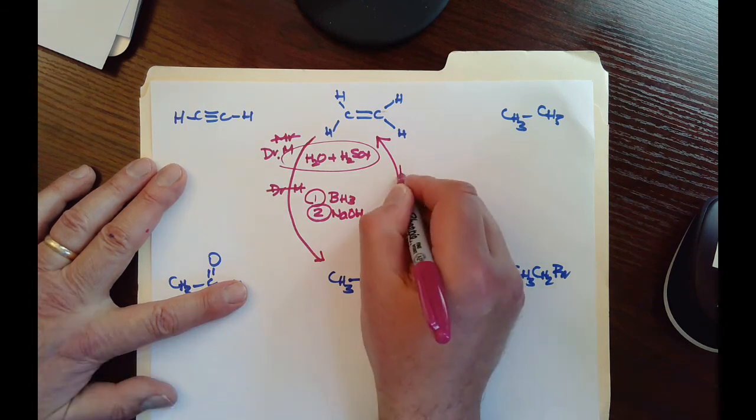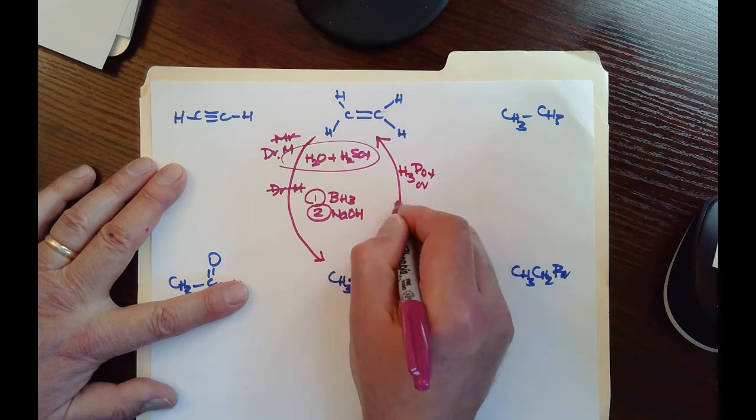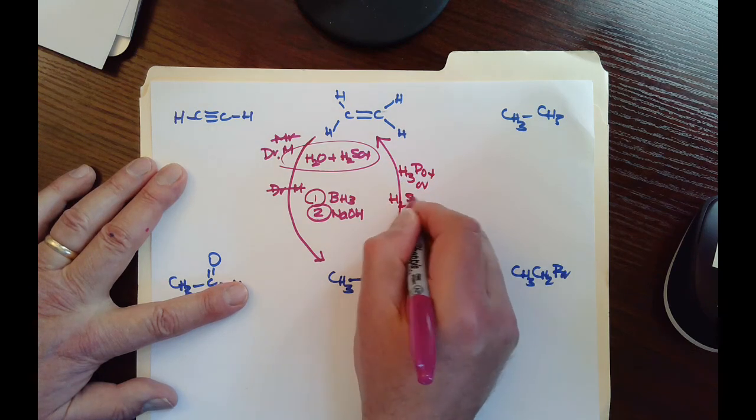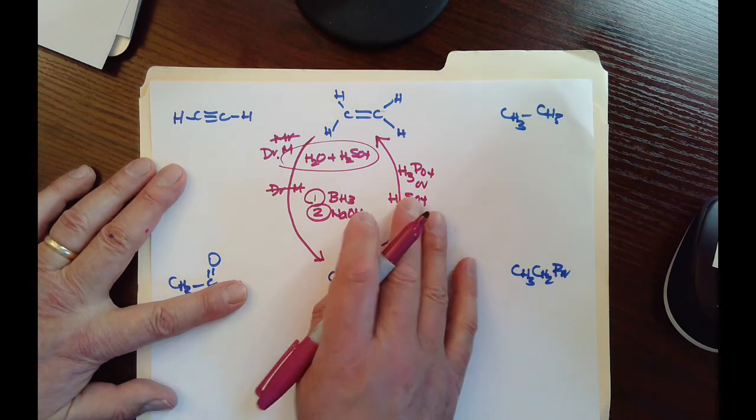So we usually use phosphoric acid or sulfuric acid. And we did that in one of the experiments, the E1 experiment that you're going to work on. So we did this as a lab.